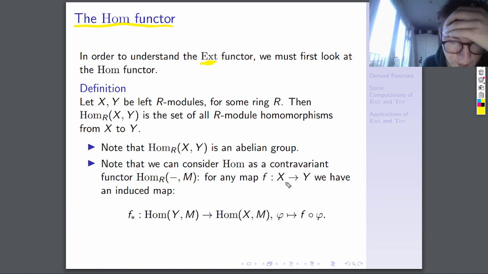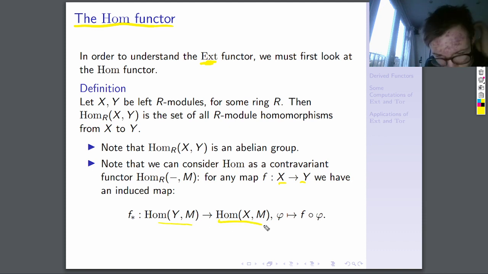Because for any map f from X to Y, we get an induced map between Hom(Y, M) and Hom(X, M), by just precomposing, by mapping phi, some arbitrary map in Hom(Y, M), to precomposition with f, and that makes it into a functor, which you can check if you'd like.